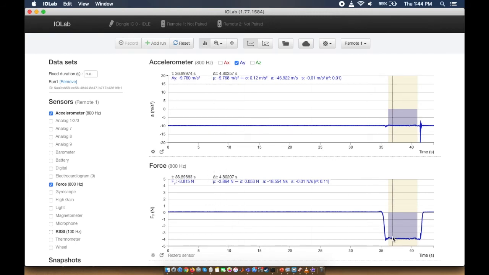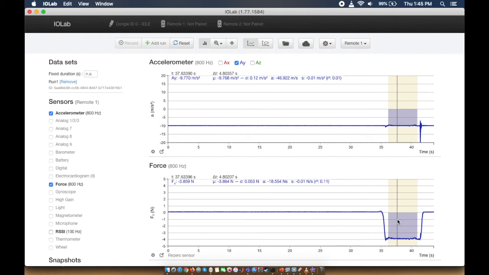So the change is this final value, which is minus 3.864 newtons, minus the initial value, which is 0.126 newtons. Right? That is the change in the reading of the force sensor, which means that the change in the reading is essentially the applied force which you applied to the force sensor to keep the entire contraption steady in the air.